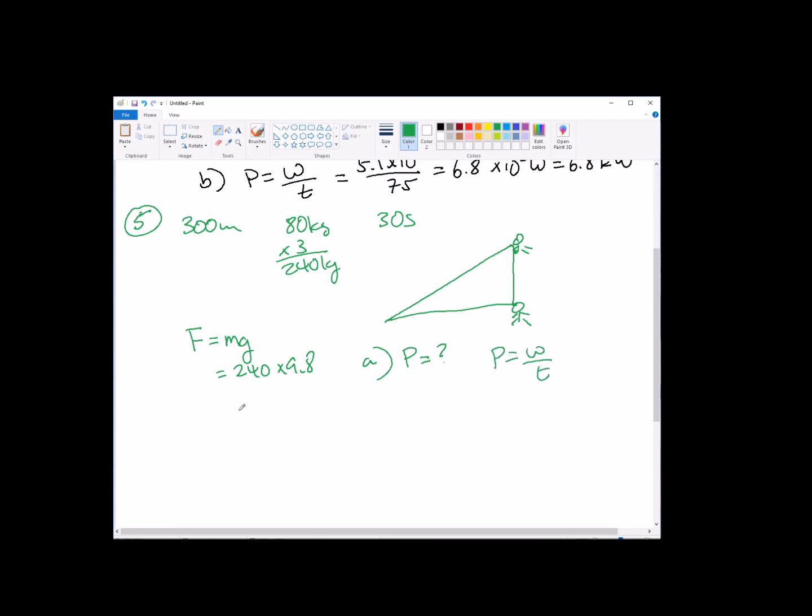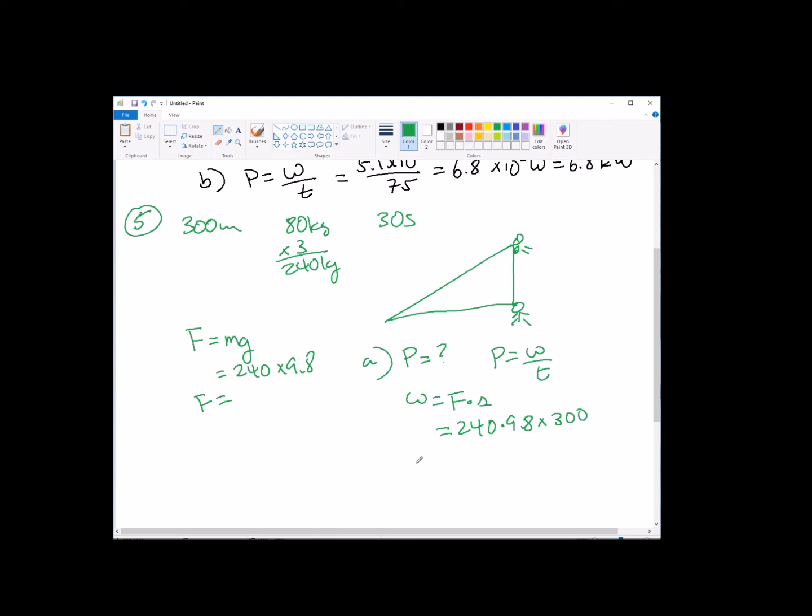In order to find work, we need work equals force times displacement. So our force, F times, we have 240 times 9.8, and then we multiply that by 300. So 240 times 9.8 times 300. So that's our work.